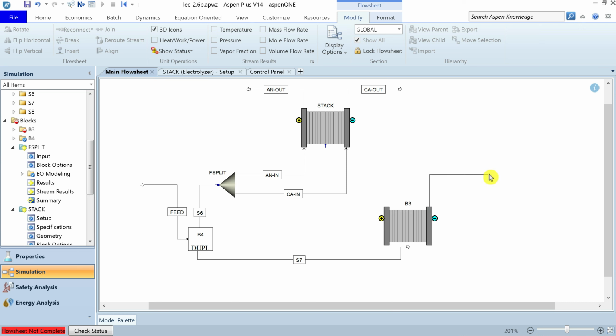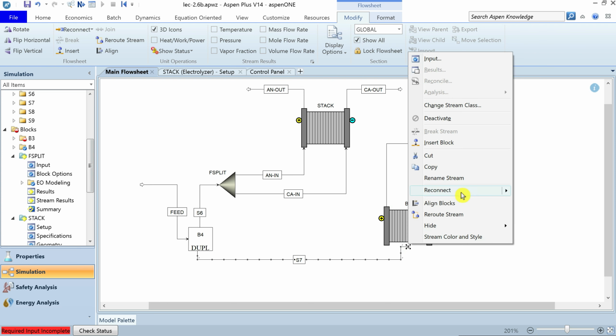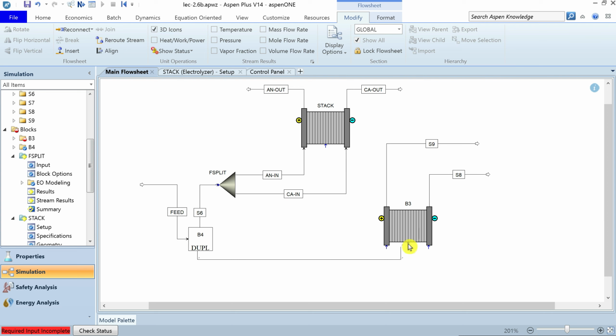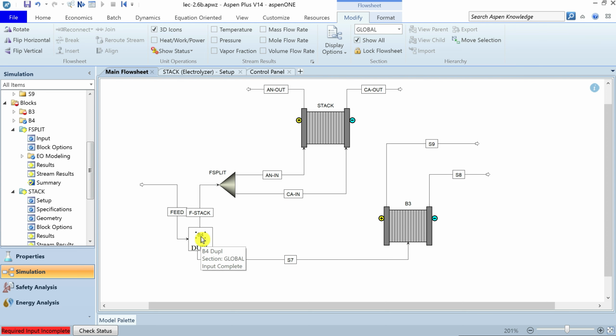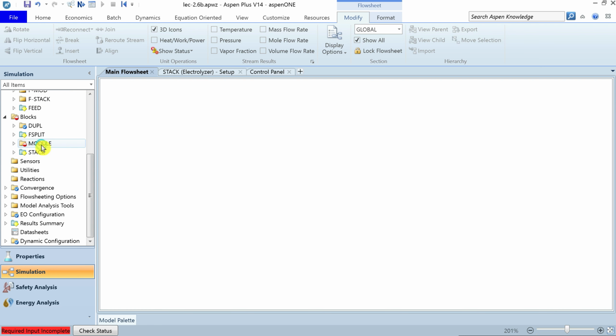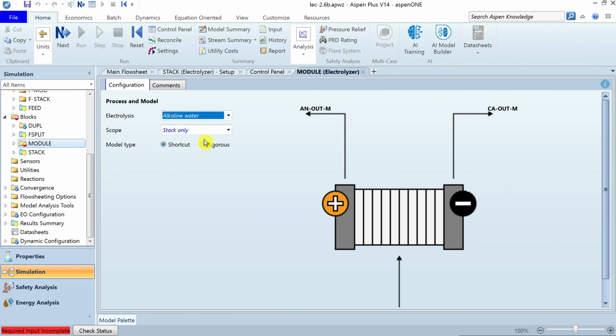Also connect the product streams. Let's reconnect the inlet stream. Rename all the streams and the blocks. Let's proceed to the module to define the input specifications.